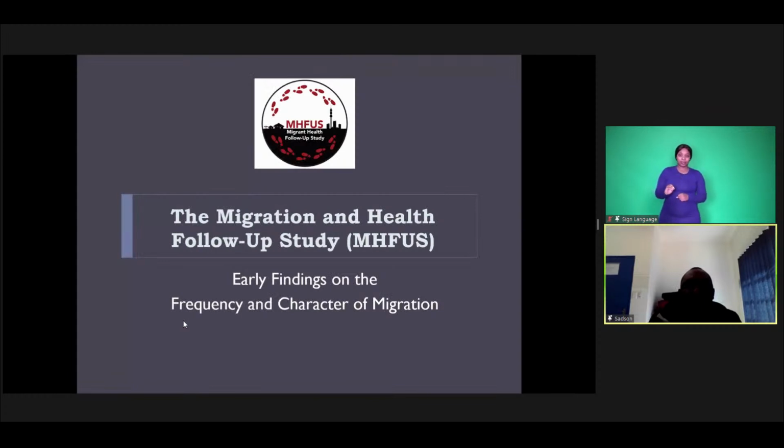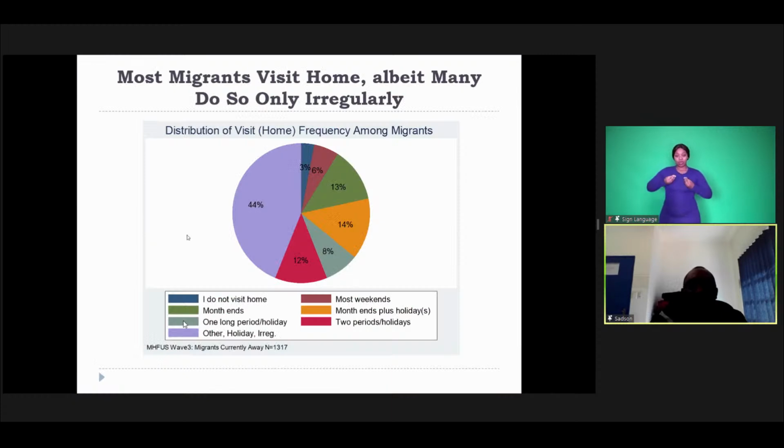So these are some of the findings from our study. As you can see, most of the migrants do visit home after they migrate, and they do so regularly. The pie chart here indicates, for example, that 44% of the respondents said they visit here at the study site at least on holidays or irregularly.